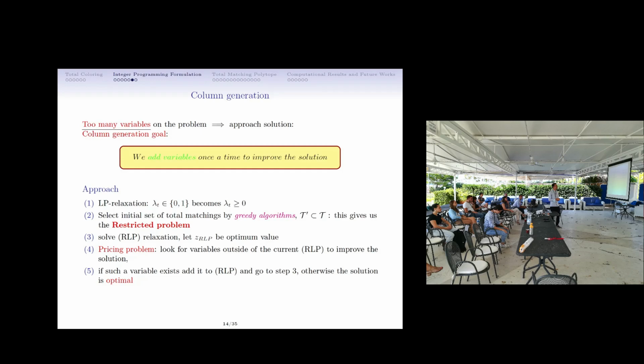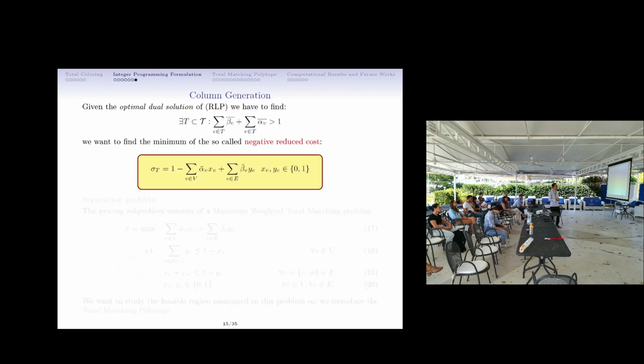How can we add new variables to this problem? We have to look at the pricing problem, where a violated dual constraint corresponds to a variable outside the current LP problem. If such a variable exists, we go to step 3; otherwise, we have the optimal value of that problem.